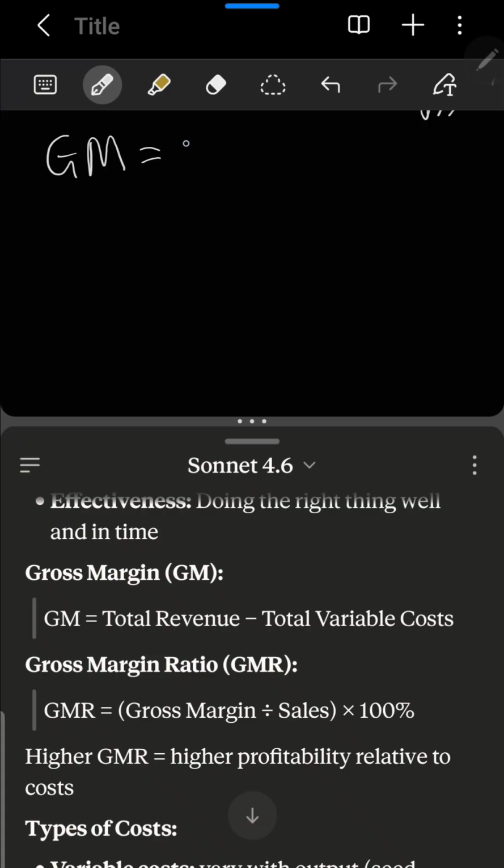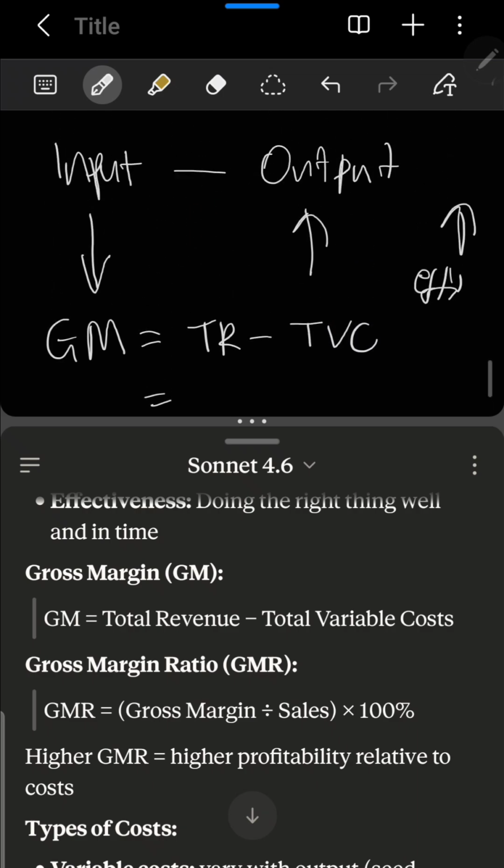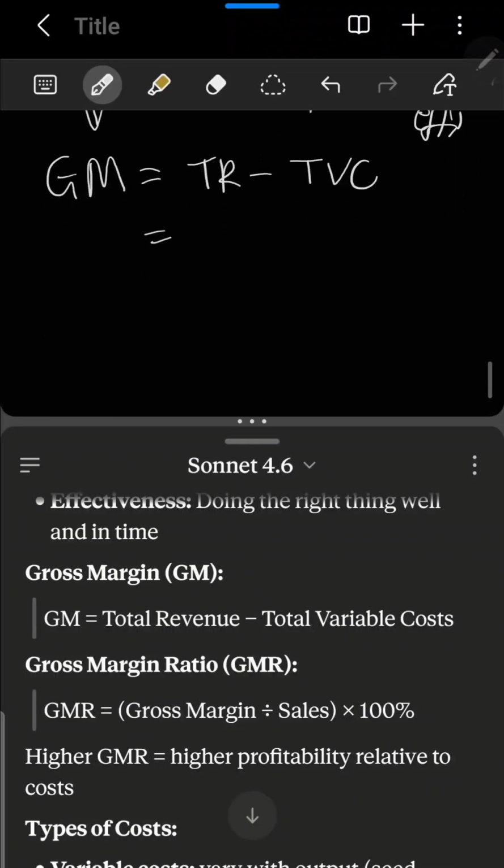In the example I gave, it's total revenue minus total variable cost. In this case, our total revenue was 31.5 M minus 27 M. So our gross margin was 4 million.